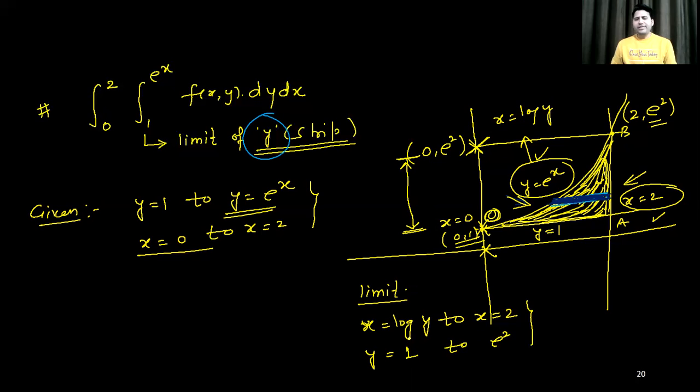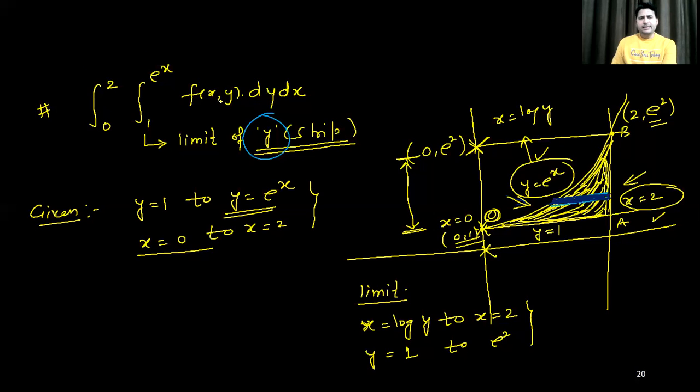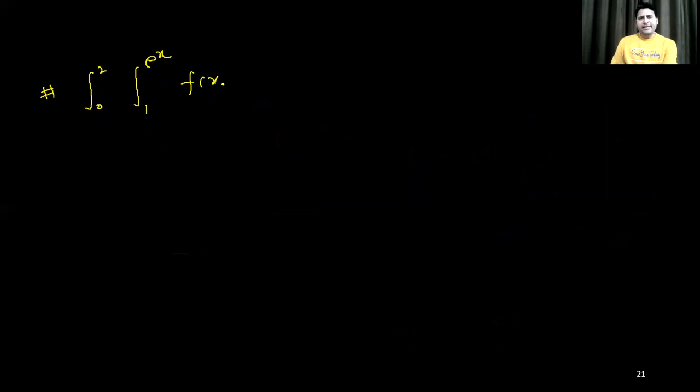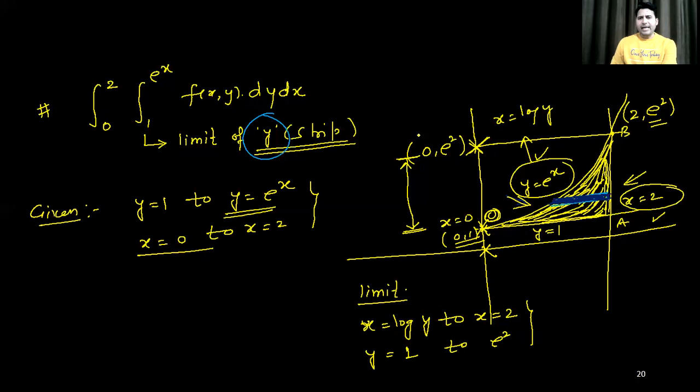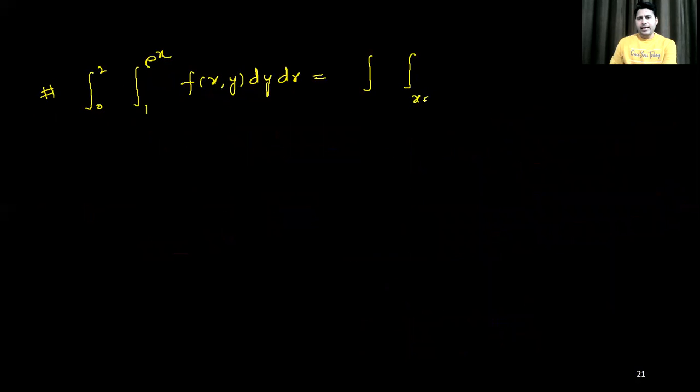So the new limit of integration is x equals log y to 2 and y equal to 1 to e square. It means the given integral, with 0 to 2 and 1 to e to the power x, dy dx, if I change its order, will become the integral with the new limit x equal to log y to 2 and y equal to 1 to e square.